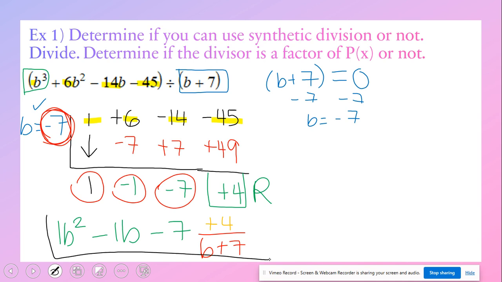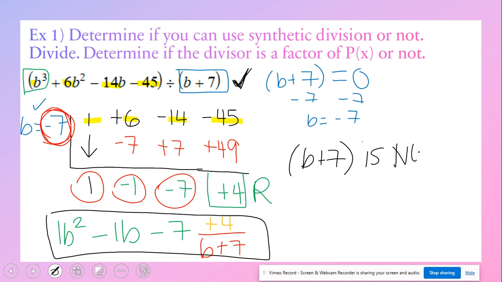So my final answer from synthetic division is b squared minus b minus 7 plus 4 over b plus 7. I do have a remainder here. I was able to use synthetic division because I have b plus 7. That's an allowed form. I was able to do the synthetic division, and I know that b plus 7 is not a factor.